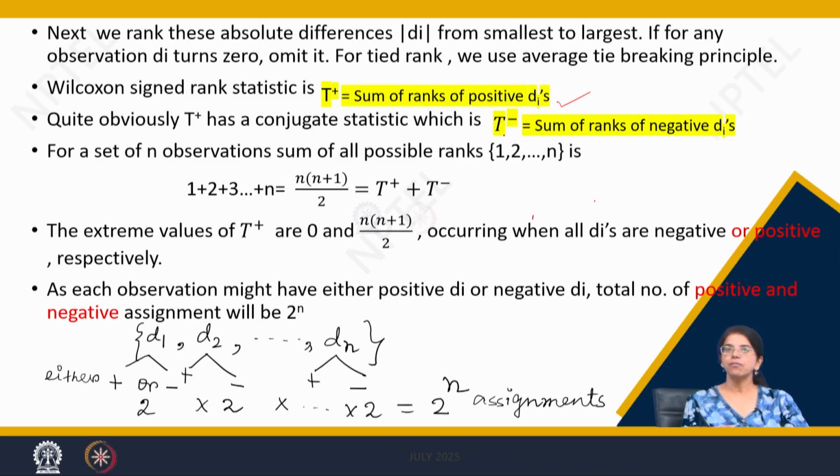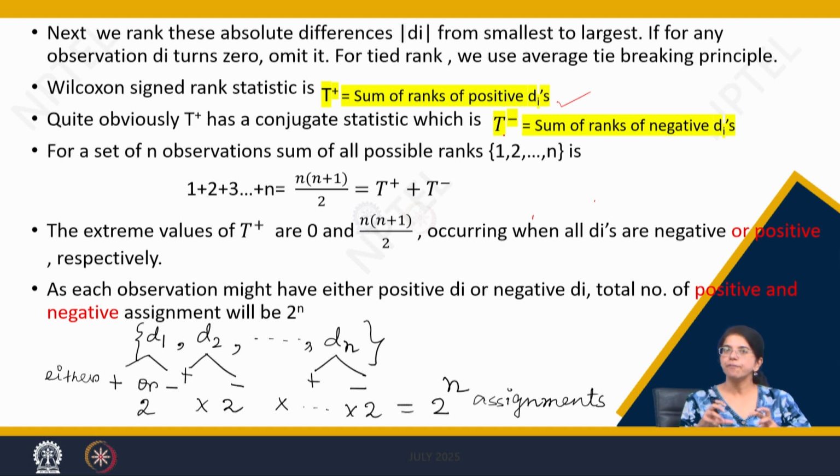So for a set of n observations, suppose you have n observations, what are the possible ranks? 1, 2, 3, 4 till n. So what will be the sum of all possible ranks? That will be 1 plus 2 plus 3 plus till n. So it is n into n plus 1 by 2, and this n into n plus 1 by 2 is equal to T plus plus T minus.